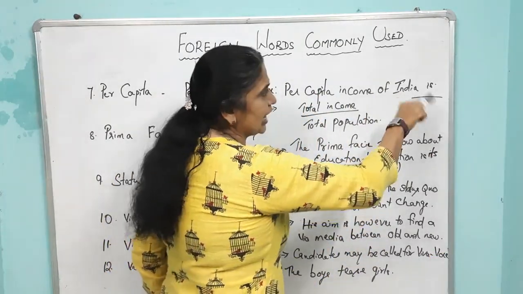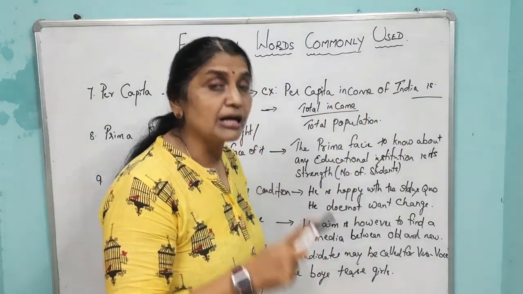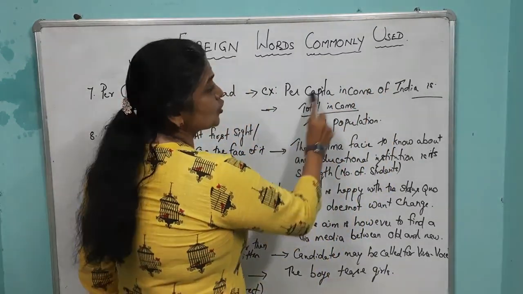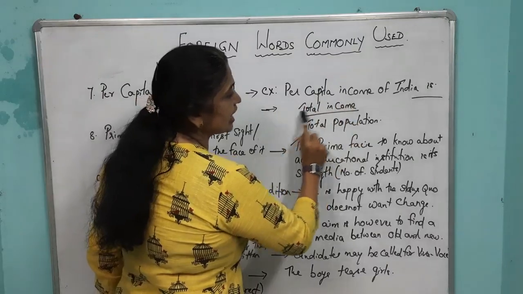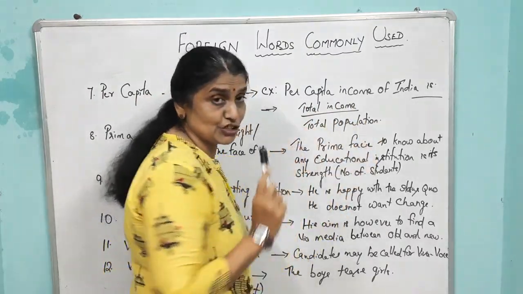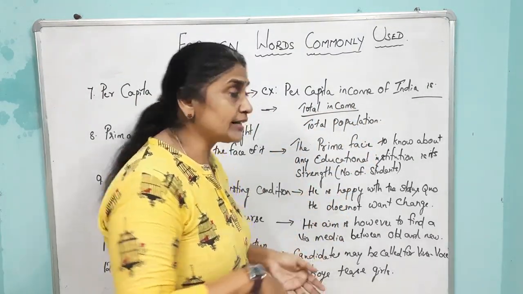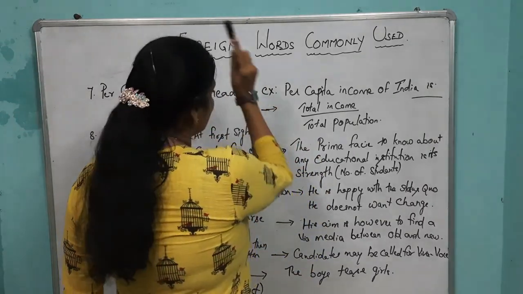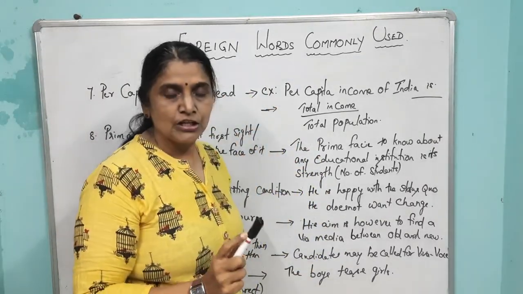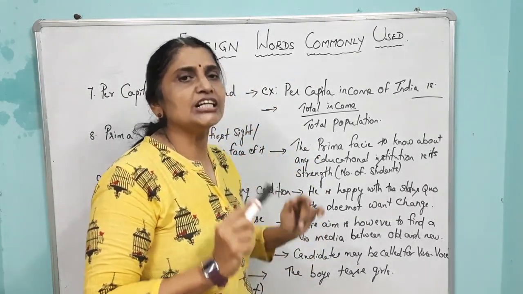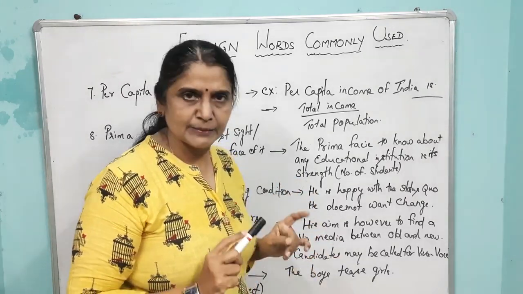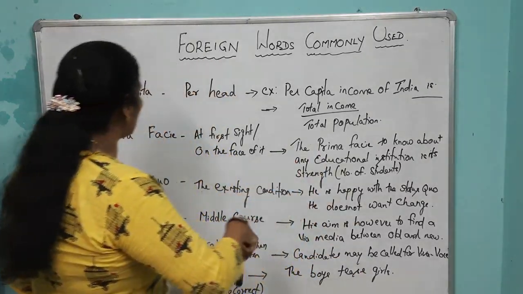How will you calculate per capita income, or per head income? You take the total income divided by the total population. This is how you calculate per capita, which means per head income. So this word is usually used in economics. Got it? Okay.